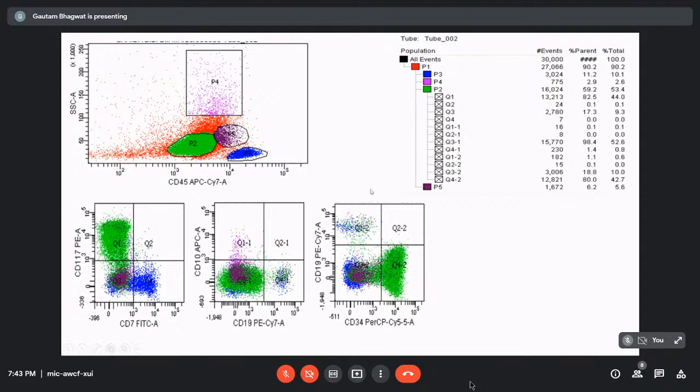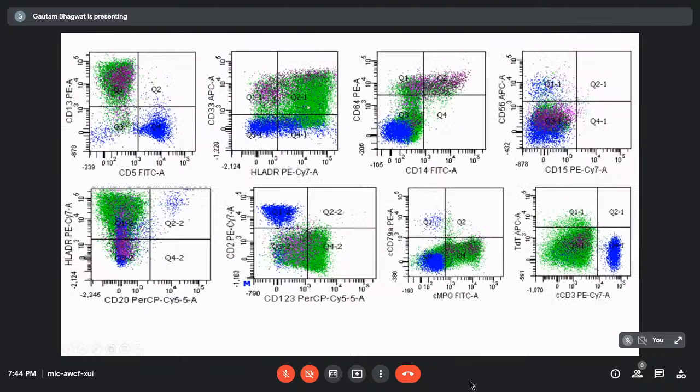Coming on to the flow plot analysis, CD45 dim to moderate, side scatter again low to moderate. What we find here is CD117 and CD34, the two stem cell markers or immaturity markers positive, CD19 and CD10 negative, CD7 negative, so no T cell markers, no B cell markers.